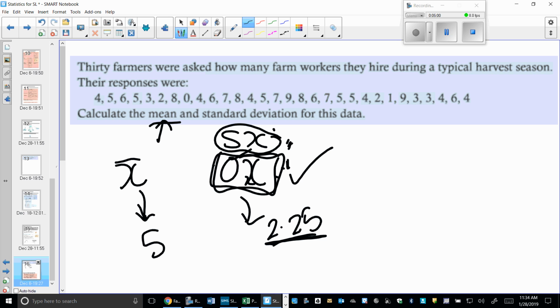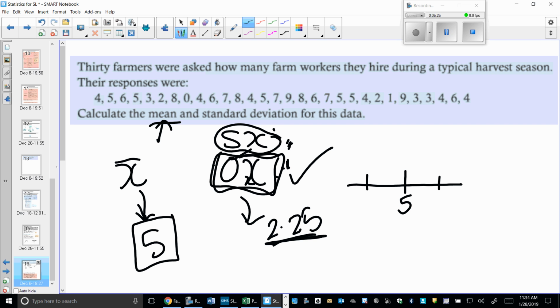Yes? If your mean is 5, you're saying that 2.25 is in comparison to that. That's how far your data spread away from that. I'd say that's quite a big number, no? Okay, what it's saying is that here's your mean, and your data is spread out 2 units from that.